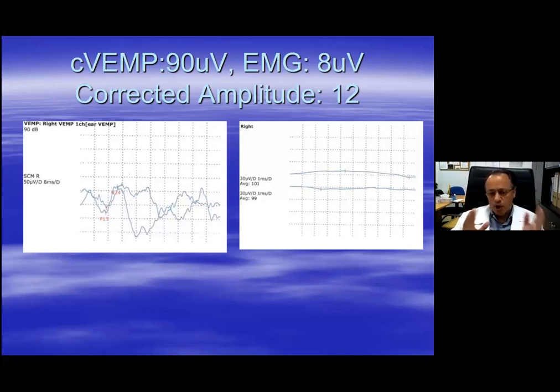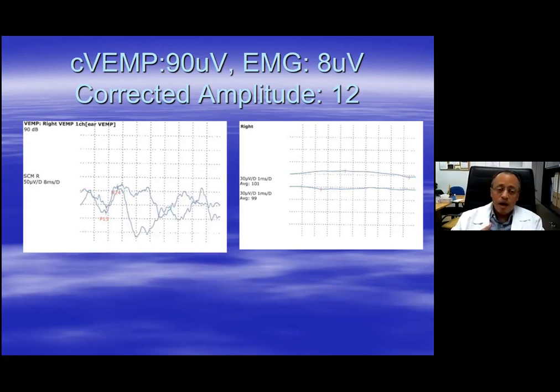This is an example of a case where, if a CT was reported as normal and you haven't seen it, and you get to see a CVEMP or an OVEMP response that was larger than normal, you would want to see the CT scan yourself.